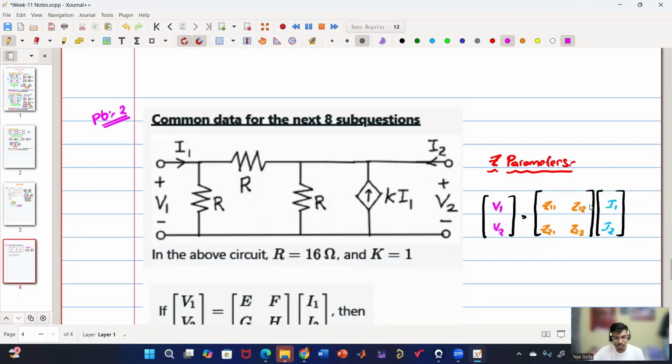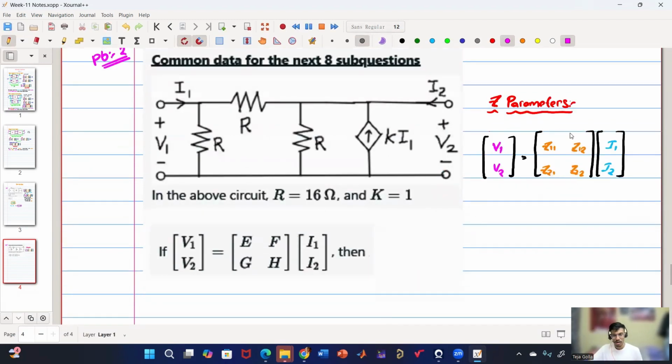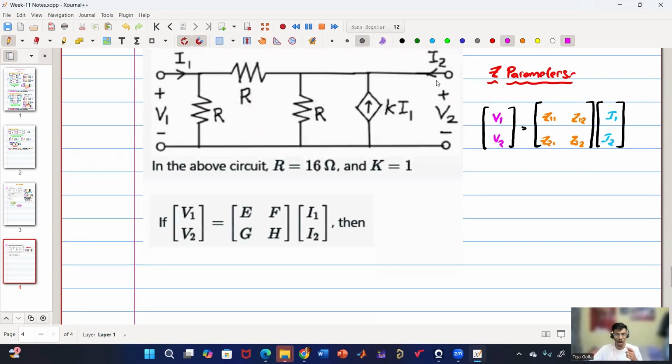Okay. So now either we have to make I2 equals 0 or I1 equals 0 and solve. So let us make I2 equals 0. So how are we making I2 equals 0? Should we short it or open circuit or what should be done?